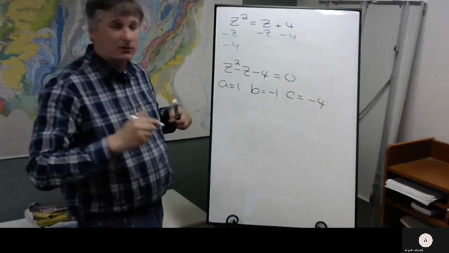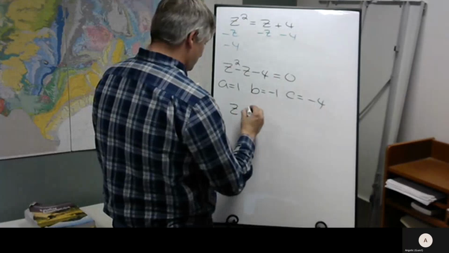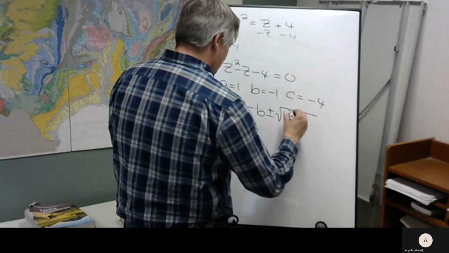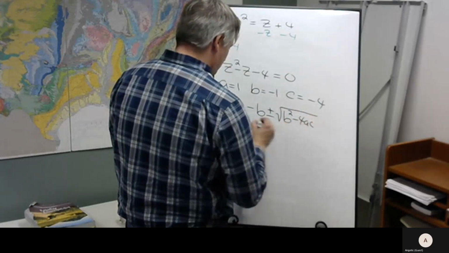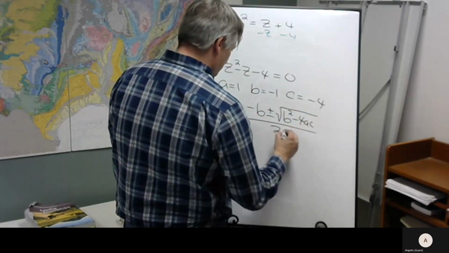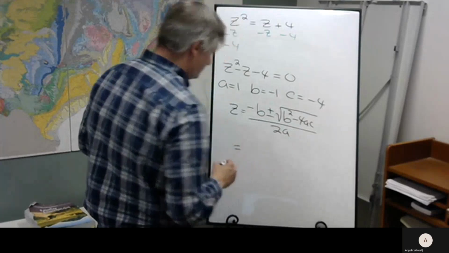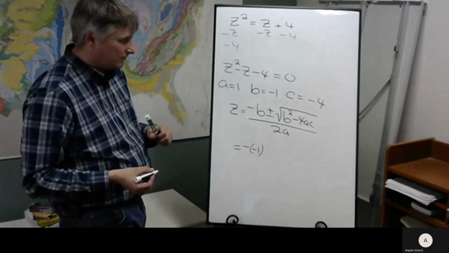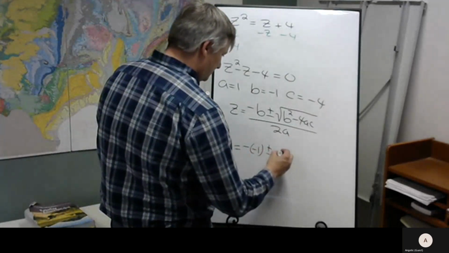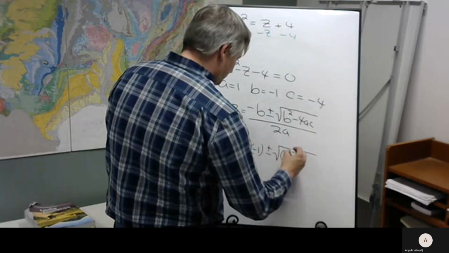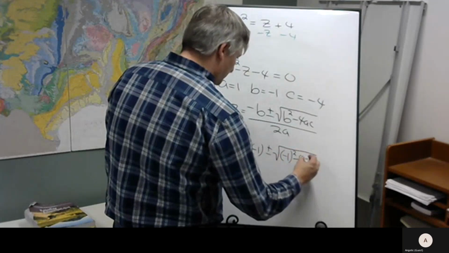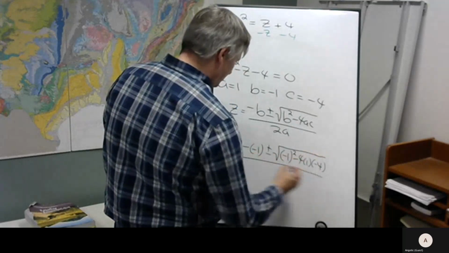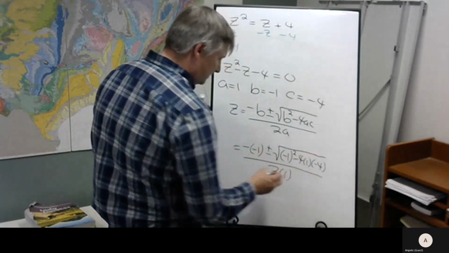So again, using my quadratic formula. And now we have -b, and b is -1, plus or minus square root of -1 squared minus 4 times 1 times -4, divided by 2 times 1.